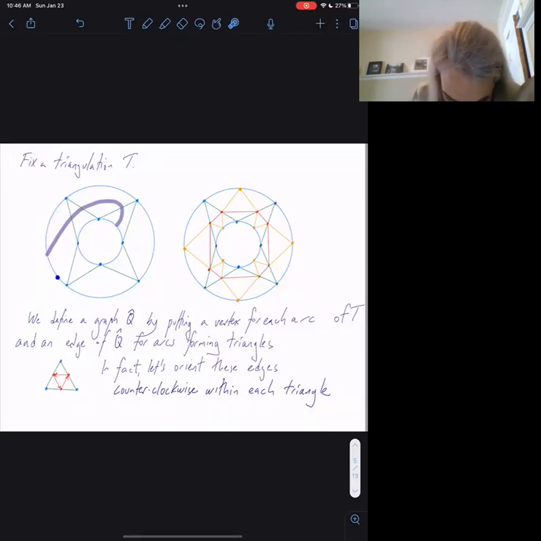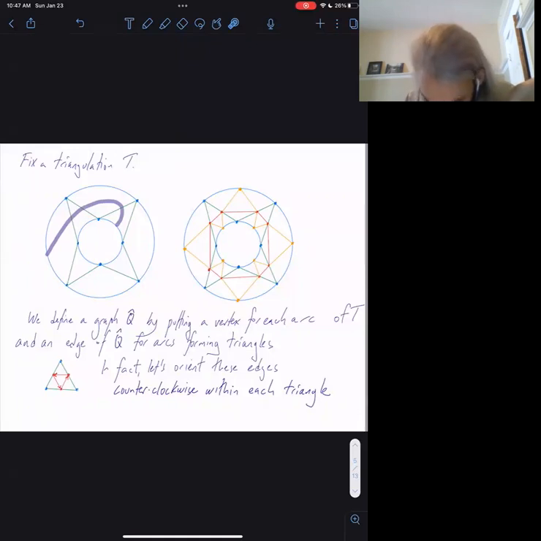So I started on this edge, and then I crossed this edge, and then this edge, and then this edge, and then I ended on this edge. So we could actually think of that as a walk in a graph. The graph is what's drawn over here in red and orange. I started here, and then I crossed this edge, and this edge, and this edge, and that edge, so that this curve really turns into a walk in the graph.